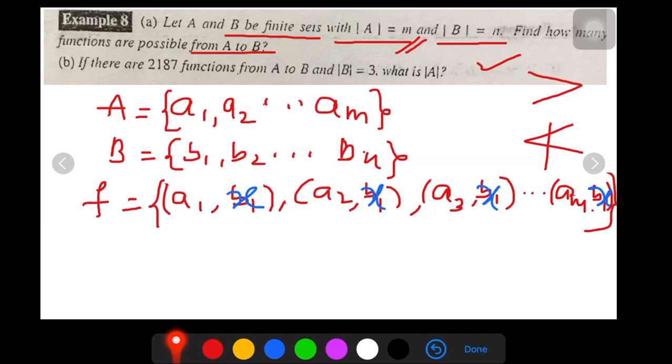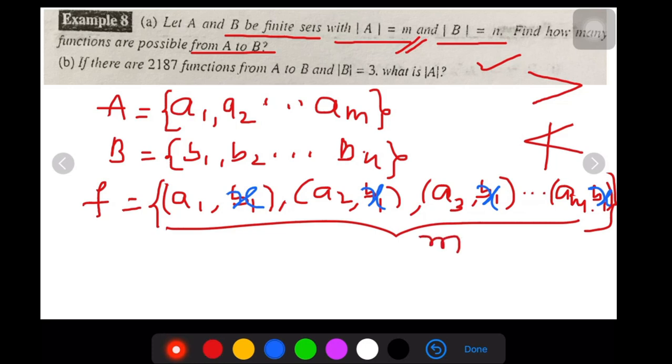In a similar way, all of these can be paired with the next element, and with the nth element also. That's why we have taken x, x, x as common. All these are mapped with x. That is one function, and this satisfies for one element here. So there are m number of choices in total.